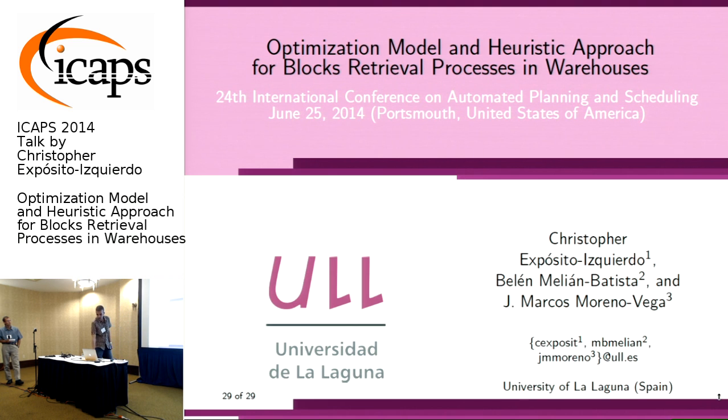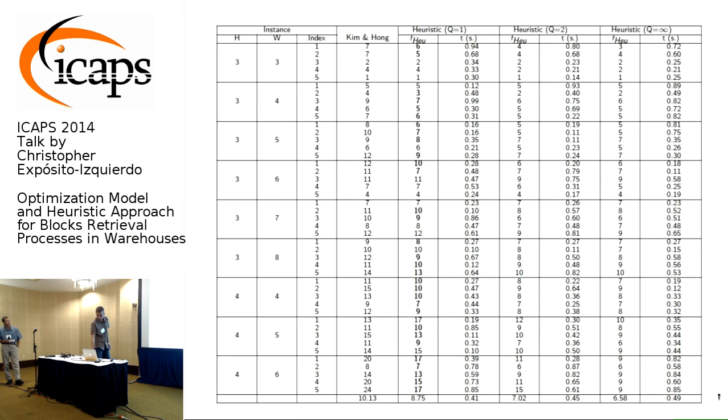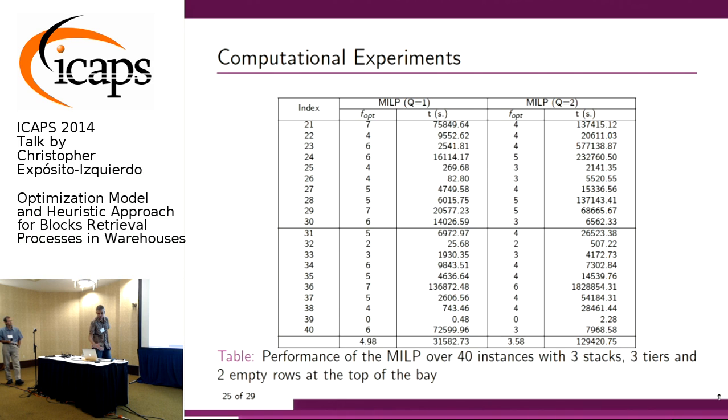In this case, one of the problems we have with the optimization problem is that the time required to obtain the first feasible solution is extremely large in several cases. Probably one of the reasons is that we are not setting one initial feasible solution for trying to obtain the optimal solution. But another problem is that if we use the solution provided by the heuristic approach as a solution for the optimization problem, the time required for checking the optimality of the solution is also large in some cases.